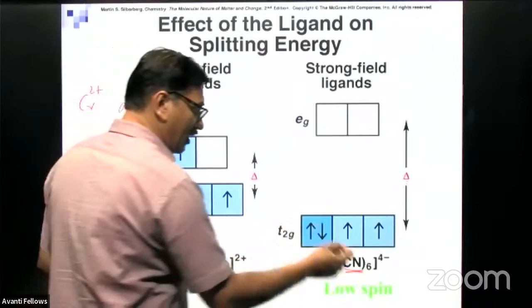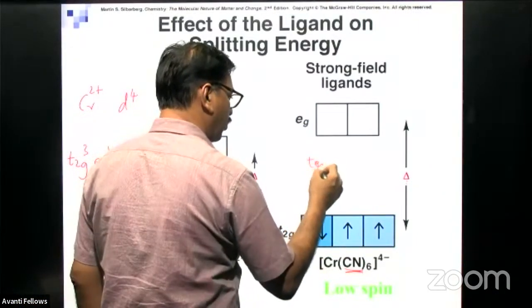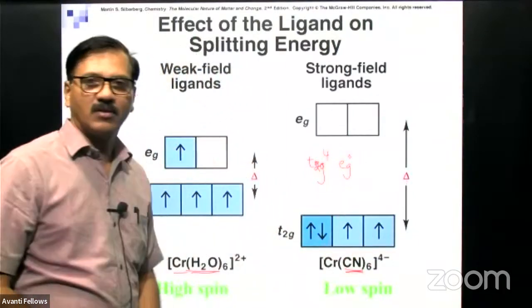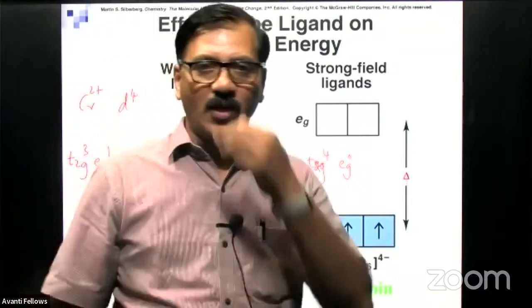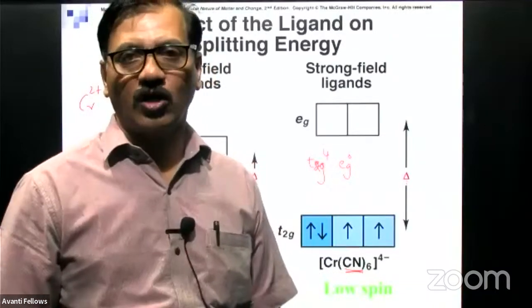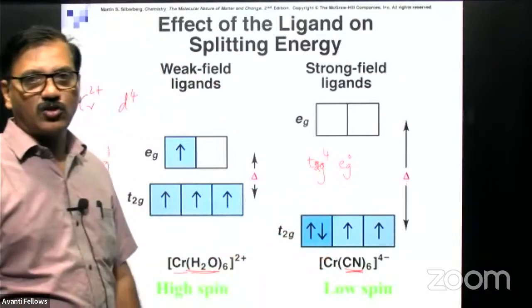So if the approaching ligand is strong, the configuration is t2g4 eg0. Before, the orbitals are degenerate; after that their degeneracy is lost, and the distribution in the configuration is to be written.